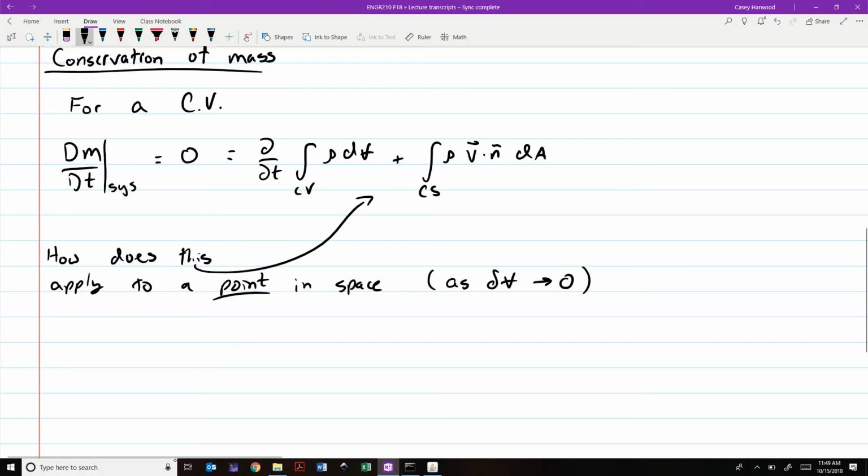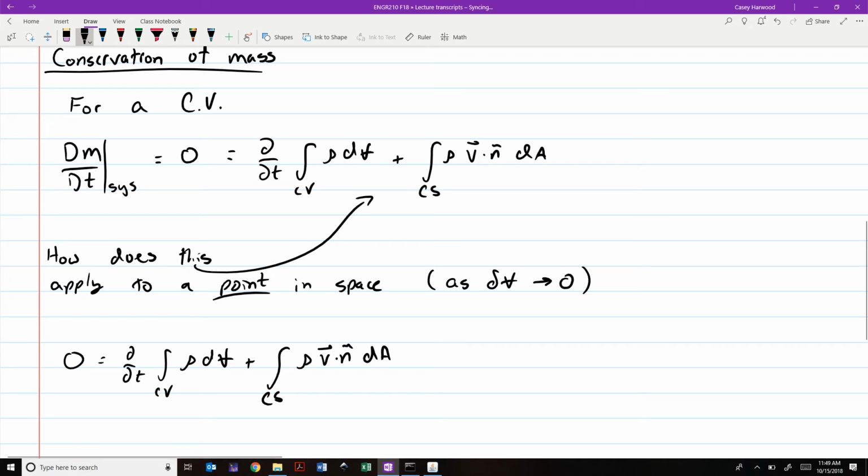So I want you to consider, we'll go ahead and just take this right-hand side where we say that 0 is equal to d/dt of the integral over the control volume of rho dV, plus the integral over the control surface of rho v dot n dA. Okay.